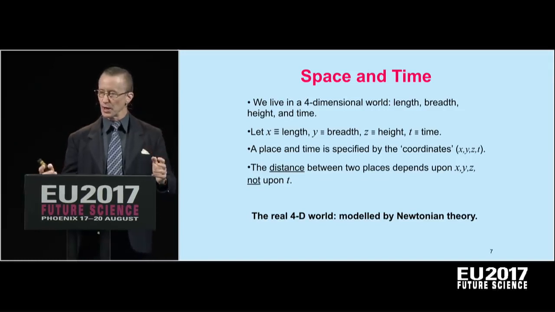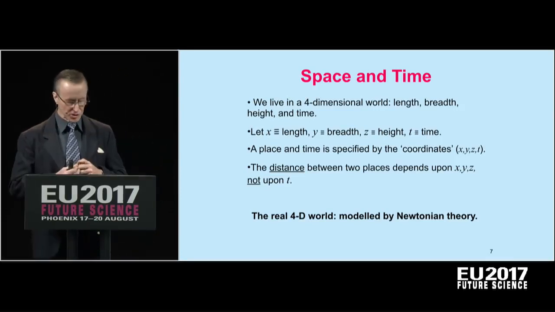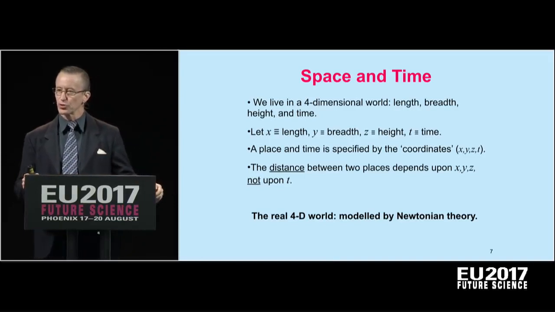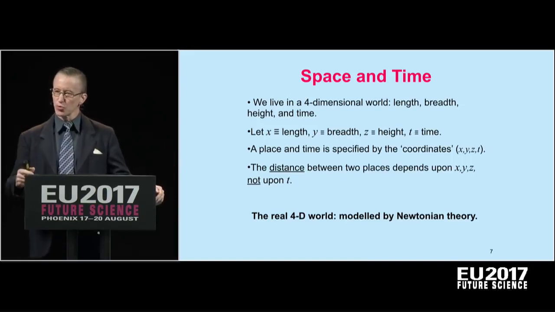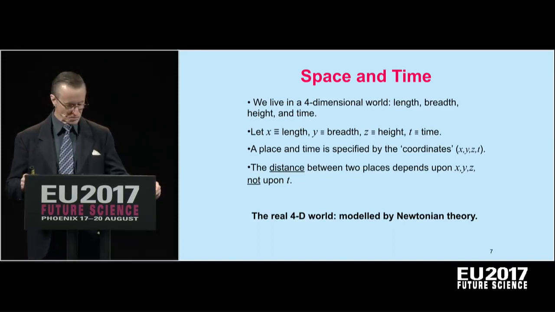Jumble up time and space together, which is what he has done. So, for instance, the distance between 2 points depends on x, y, and z. It doesn't depend on time. The distance between Phoenix and, I don't know, LA is x, y, and z. But it's not a question of time.